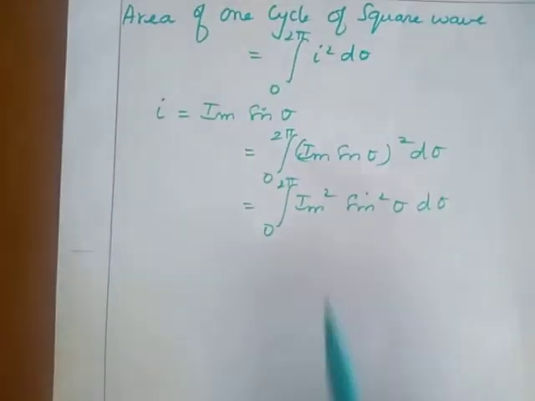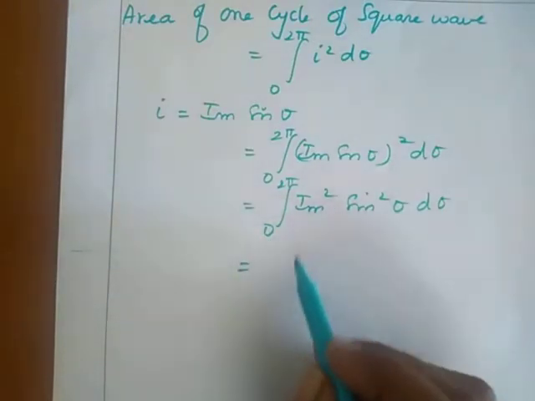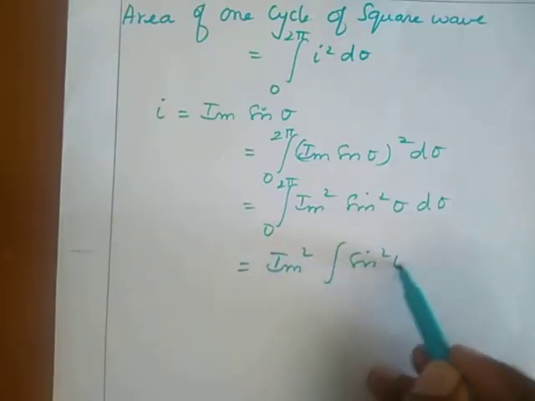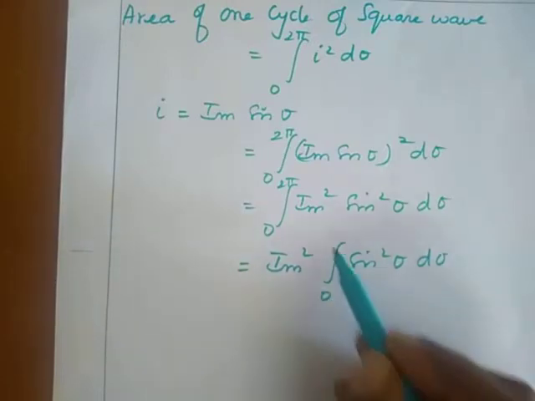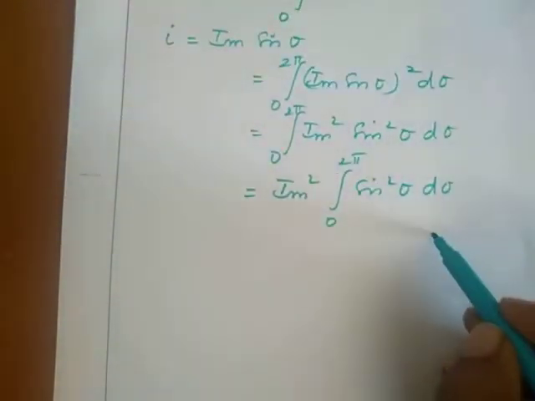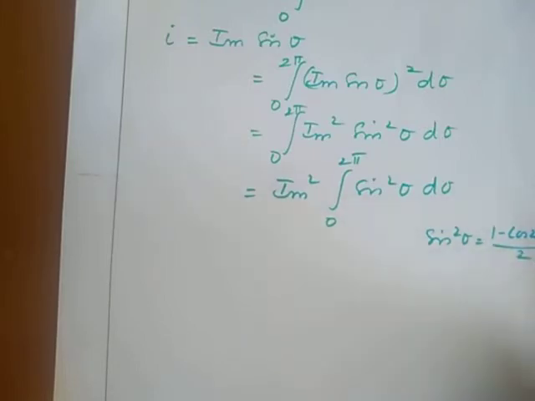Okay, here Im square is the maximum value of that current, which never changes. So taking it out of the integral, we get Im square times the integral of sin square theta d theta over the limit 0 to 2 pi. Okay, we can write sin square theta as (1 minus cos 2 theta) by 2.